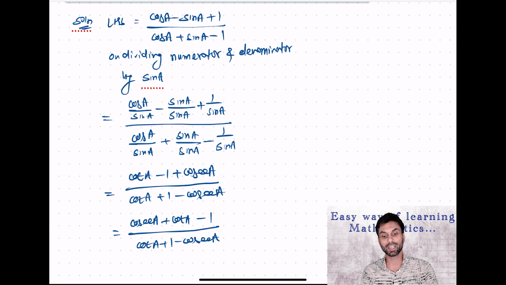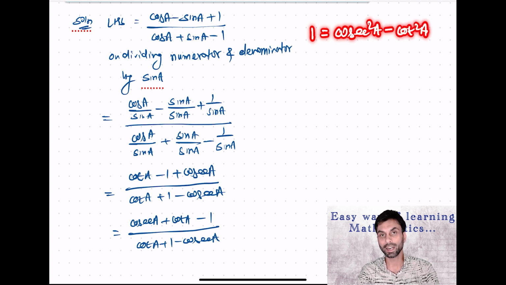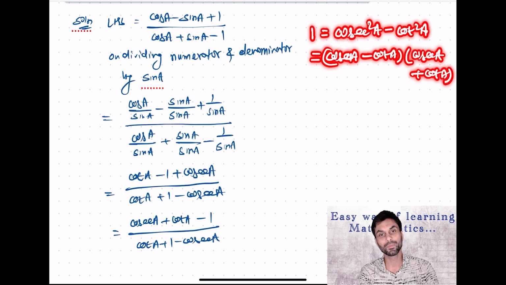Now one thing we need to remember is that whenever such a question comes, we are not going to make any change in the denominator part, and in the numerator we'll be replacing 1 with cosec square A minus cot square A, which is the identity, and which we'll further write as cosec A minus cot A into cosec A plus cot A, and then we will solve.